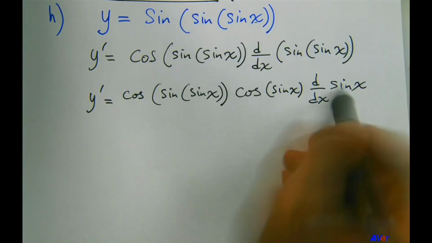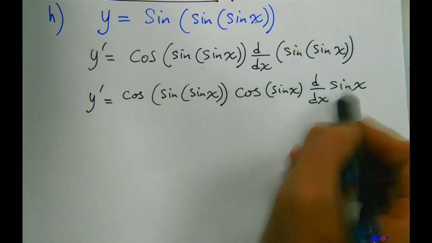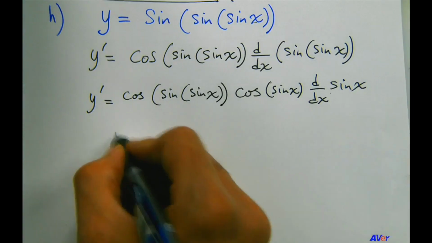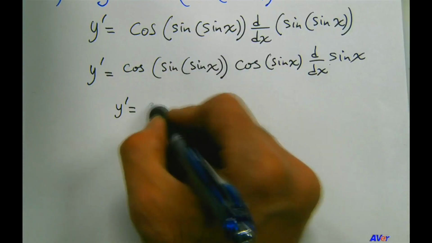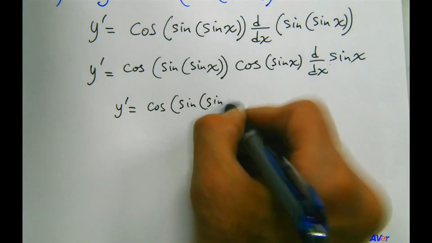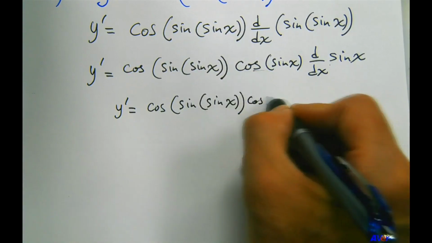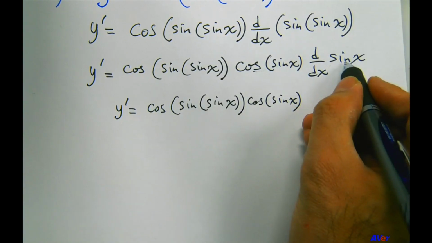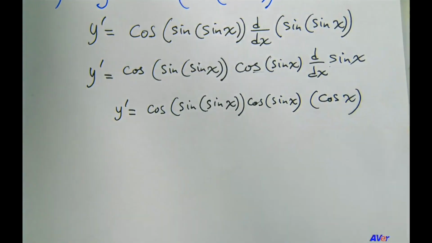Okay, so all of this stays the same. All of this is done. All we have to do is take the derivative of sine of x one more time. So y prime is equal to all of that, cosine of sine of x times cosine of sine of x times the derivative of sine of x, which is cosine of x.